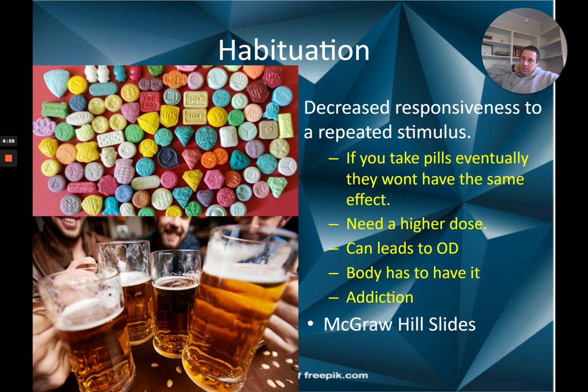For example, if you have an alcohol problem, you're going to have to start drinking more because you develop a tolerance to it. Drugs are the same way. People with drug addictions have to take more and more of them just to feel that same high.